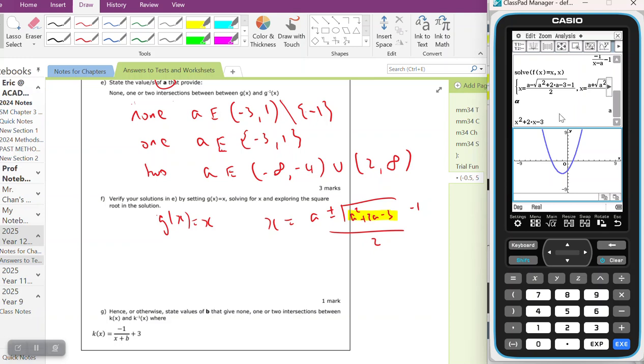This is what's going on. You can do it algebraically as well, and I'll show you how to do that. You graph the discriminant. Where are the intercepts?